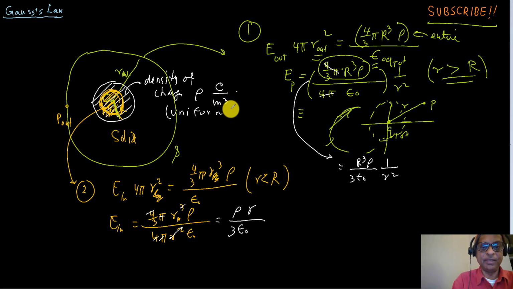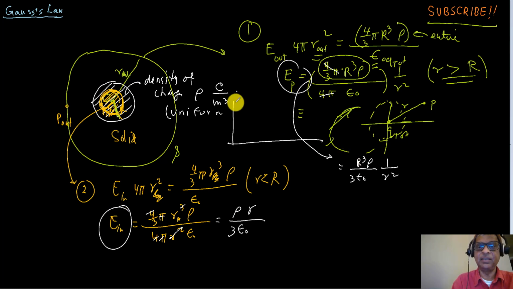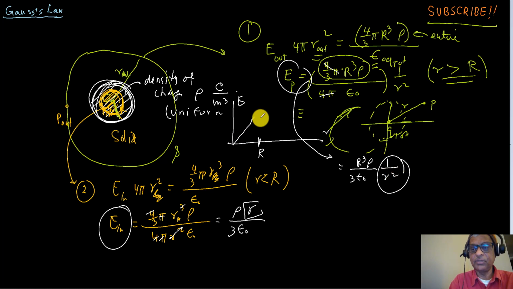So you can see that the electric field, if I were to draw this magnitude, this is with distance r, and here is the size of the sphere. So this goes linearly up with r, and then outside it actually drops as 1 over r squared.